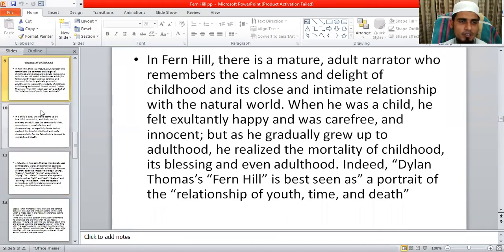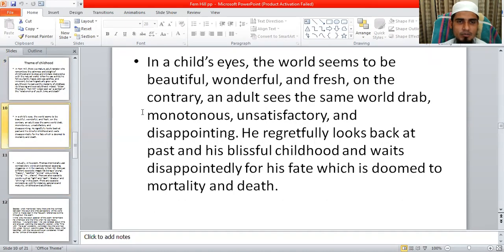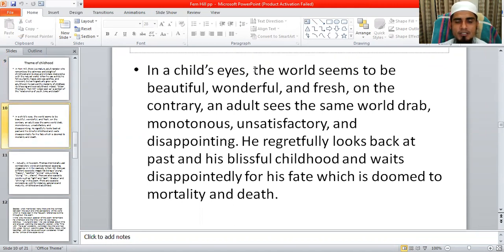So in this way, you can give the introduction, and then you can say, in a child's eye, the world seems to be beautiful, wonderful, and fresh. On the contrary, an adult sees the same world as drab, monotonous, unsatisfactory, and disappointing.